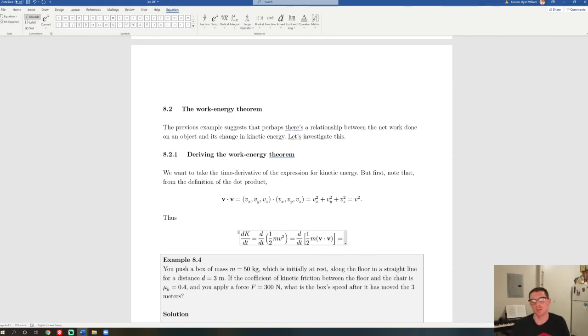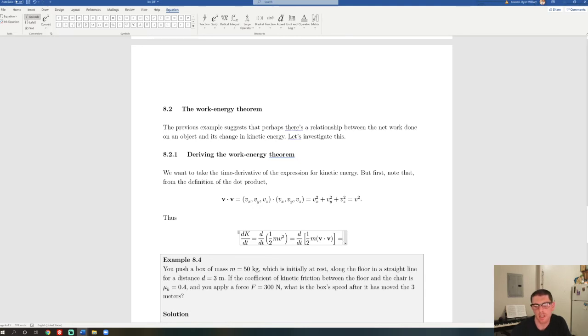And what I'm about to do here is not super important for your ability to apply the work energy theorem, it's just part of the derivation. So it's okay if you don't follow it completely. We just need the result here.